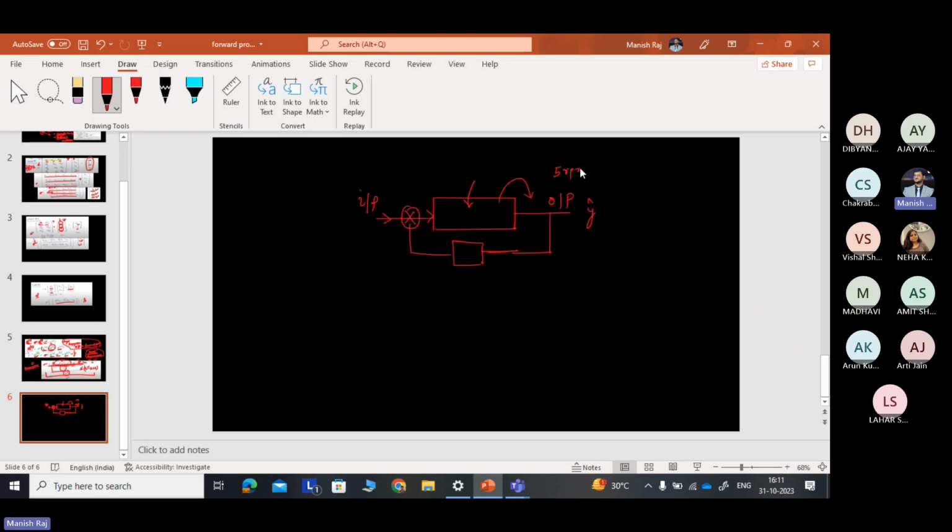I provided some current and voltage, and its output came as 4.9 rpm. But the need is again 5 rpm. So what is the error, just tell me what is the error here?